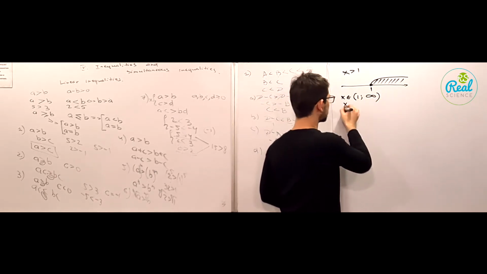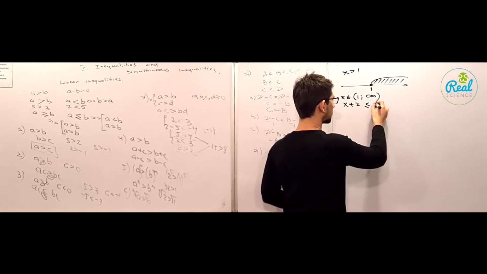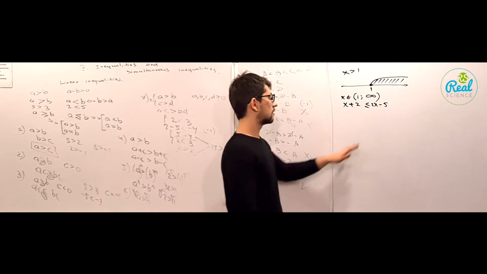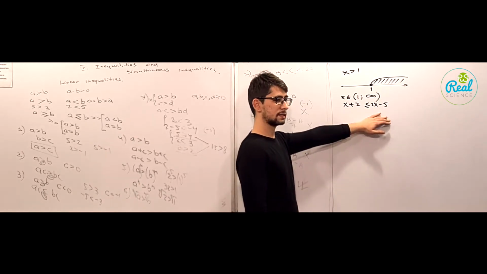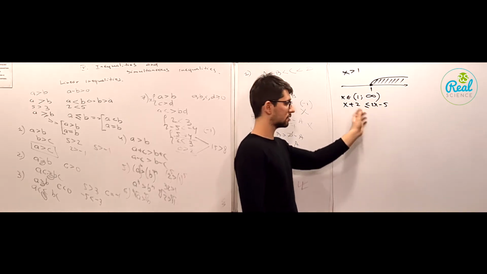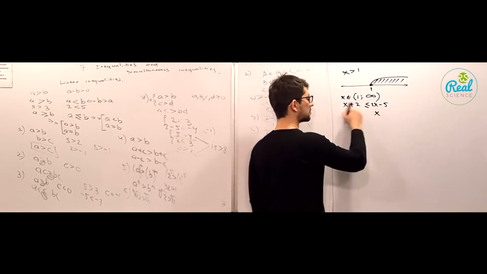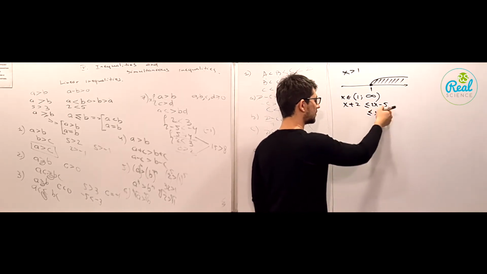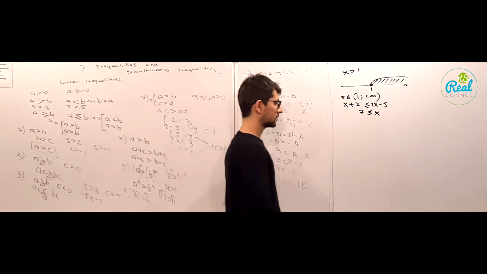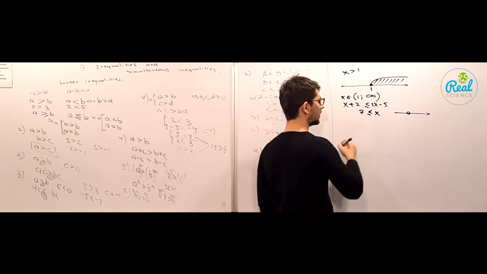So let's say x plus 2 less than or equal to 2x minus 5. How can you solve it? We have already told you that equation operations are extended to inequalities. So you do the same as you have done for equations: 2x minus x, x greater than or equal to 7, right? So you draw again to identify your interval.